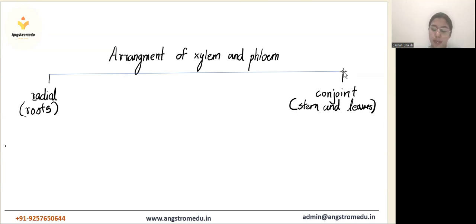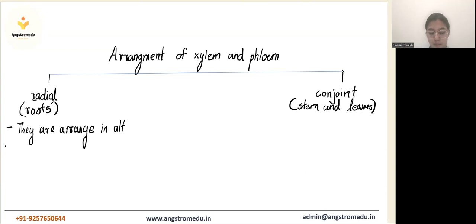Now what kind of arrangement are they? In radial, they are arranged in an alternate manner, one after another.